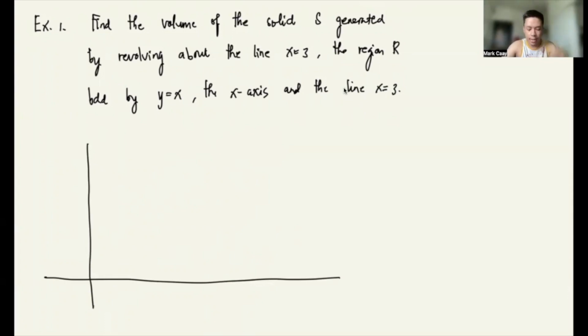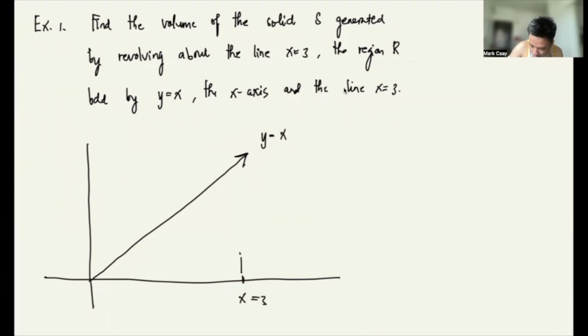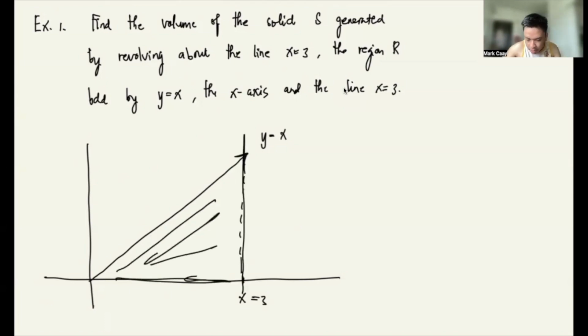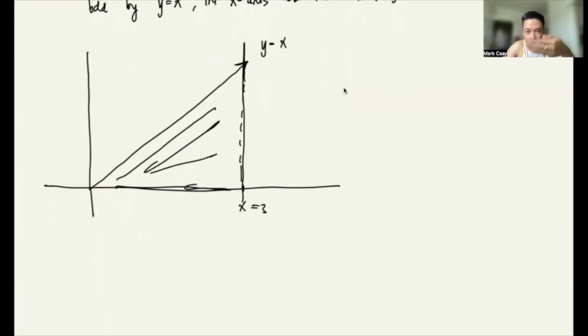Parang yan. So, okay, so this is our y equals x. So, kunyari, this is our x equals 3. So, ito yung line natin. So, this is our region R kasi bounded siya by the x-axis. Pero, instead na paikutin siya pa ganon yung hiningi, di ba?